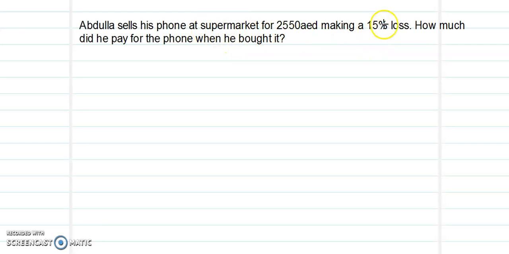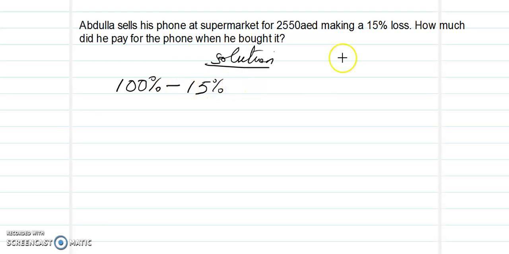Now, since it is a decrease, a loss is a decrease, so I will have 100% minus 15%. I subtract because it is a loss, but if it is a gain, I will add.